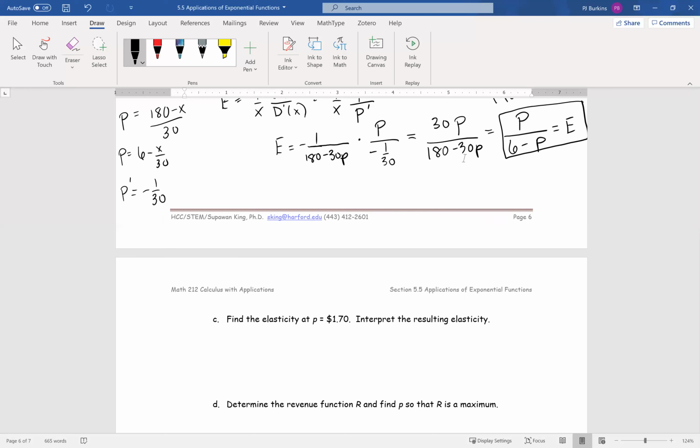The next part says find the elasticity for p equal 1.7. So plug that in.